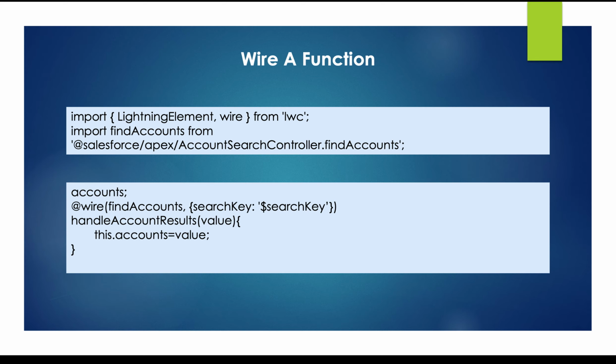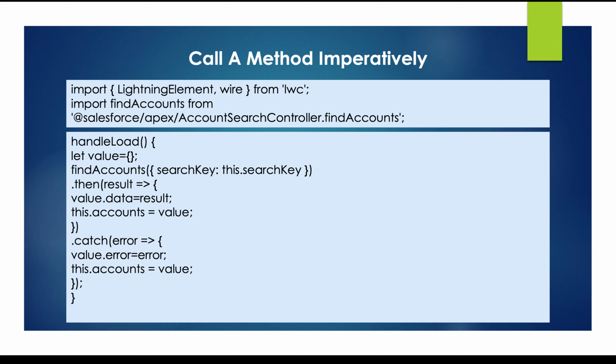Okay. Now the third way is importing, which will be the same. We are importing the method of that Apex controller. Here what we are doing is, see, we have written a function. Inside that function, we are directly calling this findAccounts, and it is taking the parameters, all the input parameters for your Apex method, so searchKey, and in that we are passing the search key.